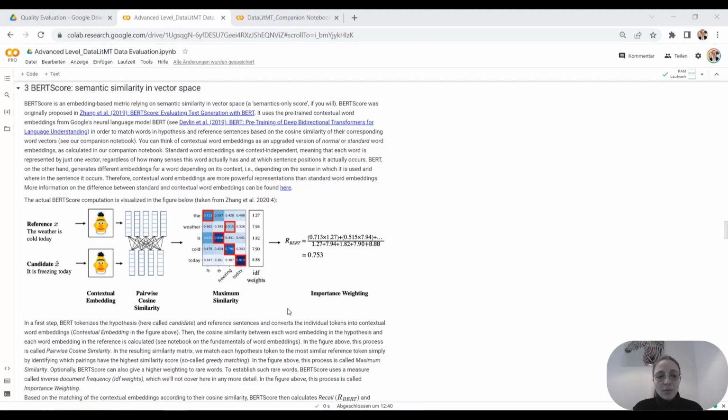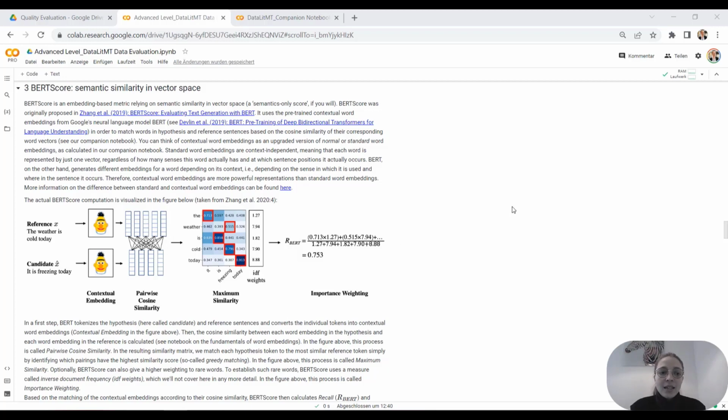But then if you look at, for example, cold and freezing, they also have a very close correlation because they have a relatively similar meaning, and also "is" and "is" has a very close correlation. So this is an interesting image to show how these word embeddings are analyzed in their context, and how BERTScore is calculated, because this is what BERTScore bases its calculation on.